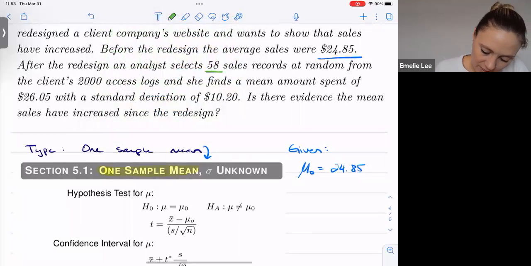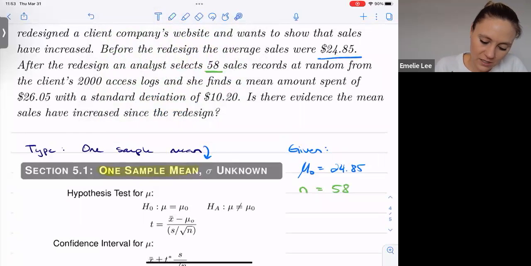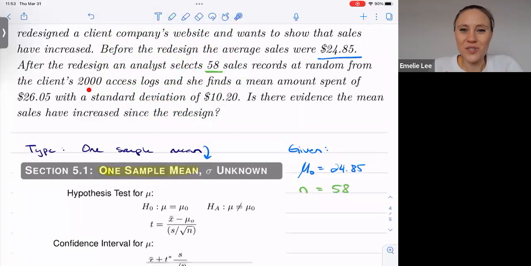After the redesign, they select a sample size of 58. What's the 2000? The 2000 is a decoy. And that's going to happen, right? It's not a decoy necessarily. It's the population size, right? But n, lowercase n, is our sample size. So n is 58.